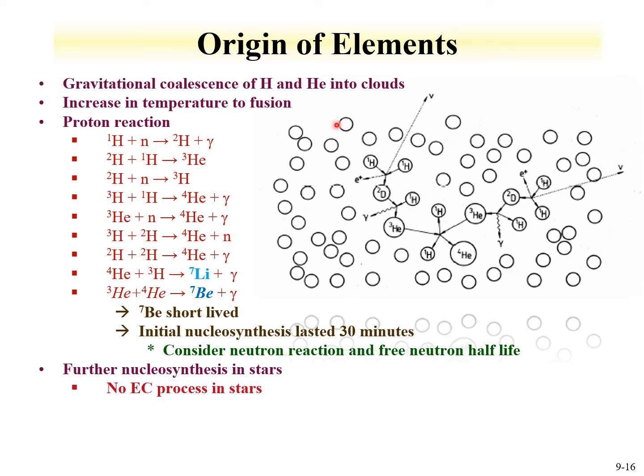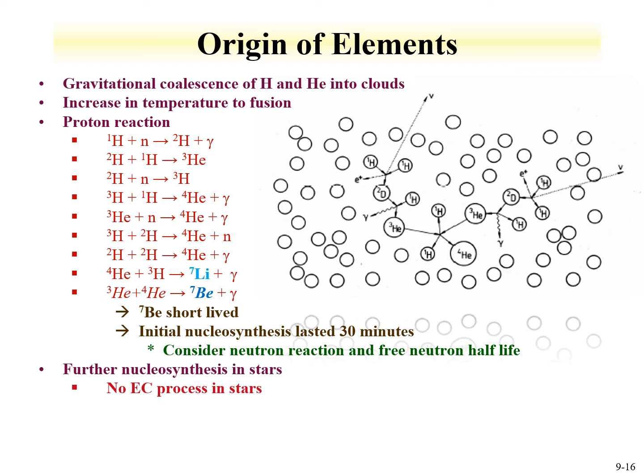Once these clouds got dense enough, temperatures can increase to fusion temperatures. And there's a list of reactions that are given here. So protons plus neutrons going to deuterium, helium-3, etc., peaking at helium-4 reactions, where we get a lot of energy from fusion.